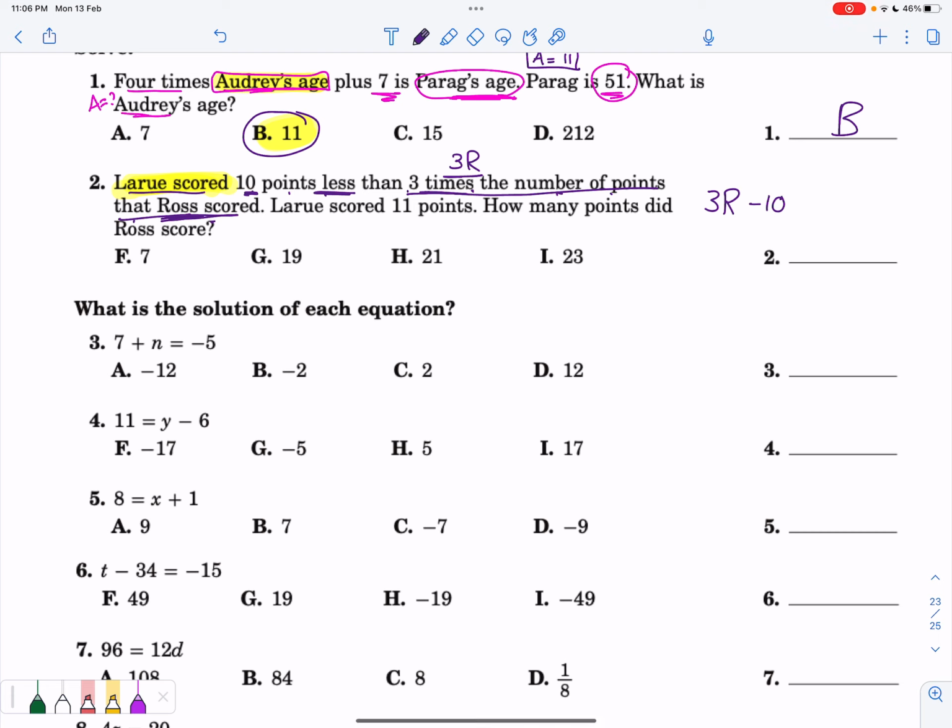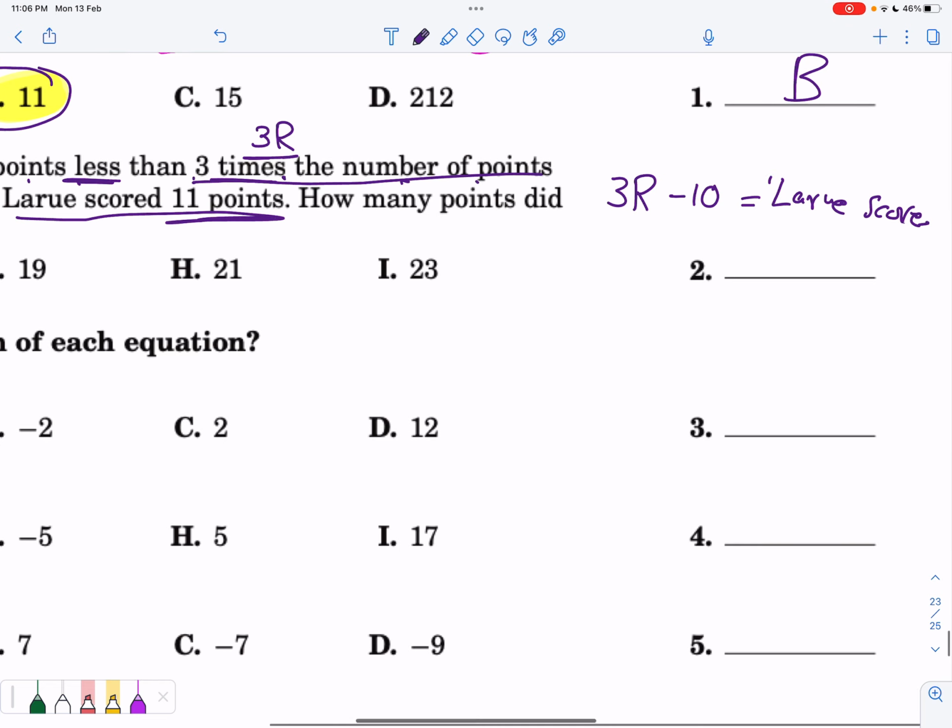So 3R minus 10, all of that is equal to what Laura scored. Do we know how much Laura scored? Yes, he said that Laura scored 11. So I can say all of that is equal to 11.